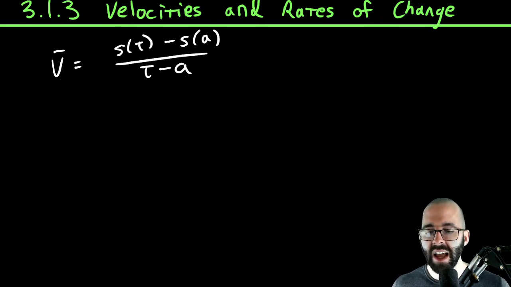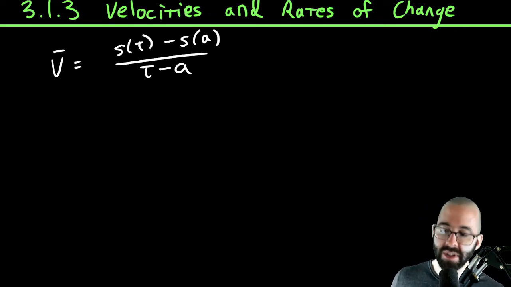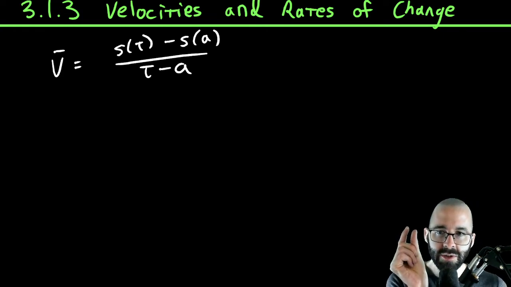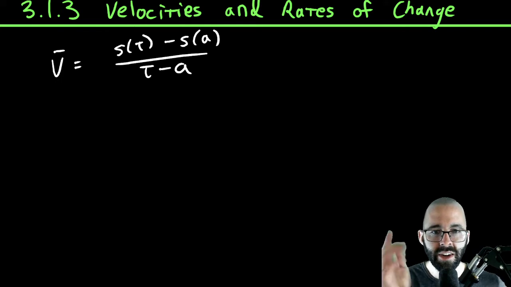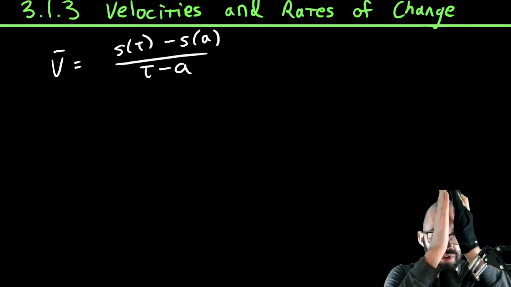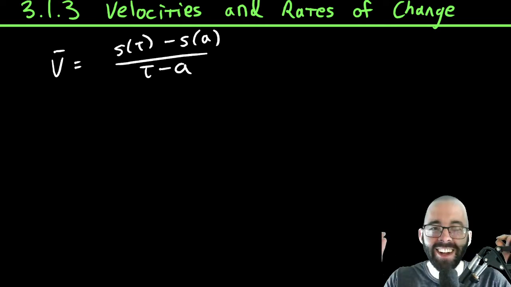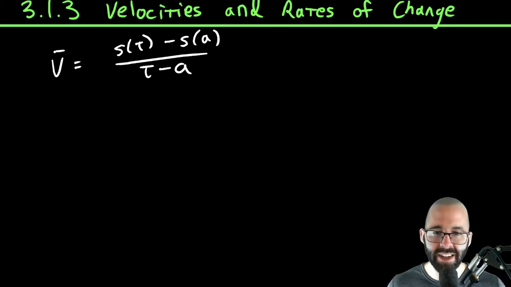Okay? And this average velocity, which is also a difference quotient, we said as this interval gets really, really close, as the average velocity is over a really tiny amount of time, then it approaches the instantaneous velocity.